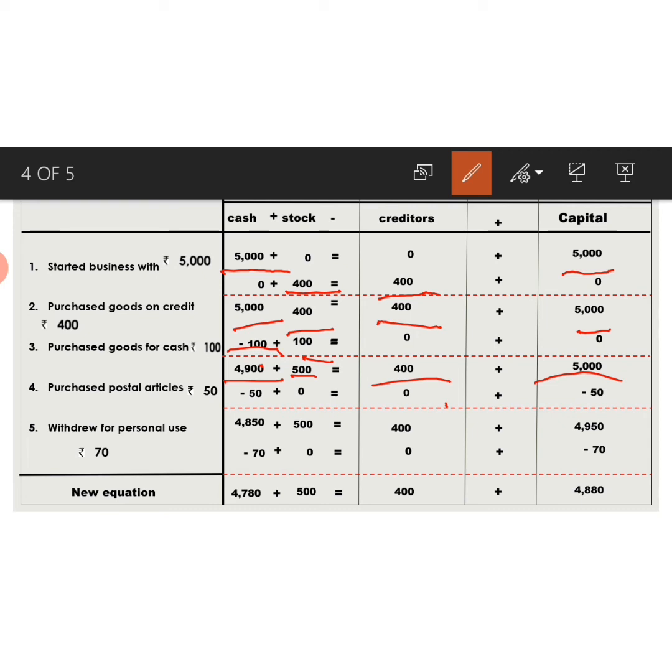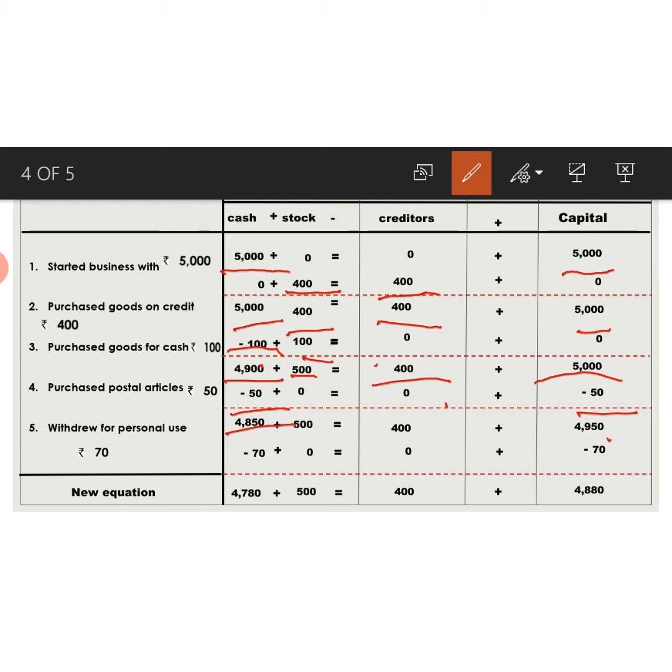Now, cash is less 50 and capital also minus 50. So 4,900 minus 50 is equal to 4,850.